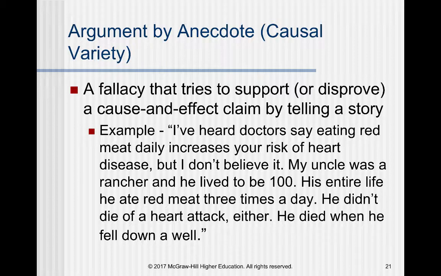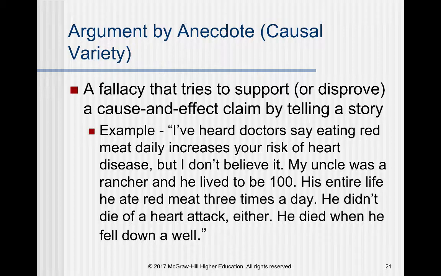My uncle was a rancher and he lived to be 100. His entire life he ate red meat 3 times a day. He didn't die of a heart attack either. He died when he fell down a well. Well, good for your uncle for dying of falling down a well rather than from a heart attack, I guess. But one atypical example like this does not support the claim that eating red meat does not increase your risk of heart disease.